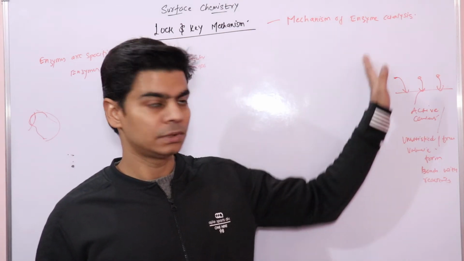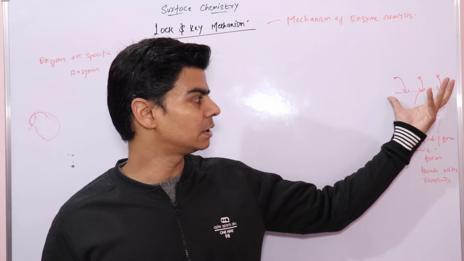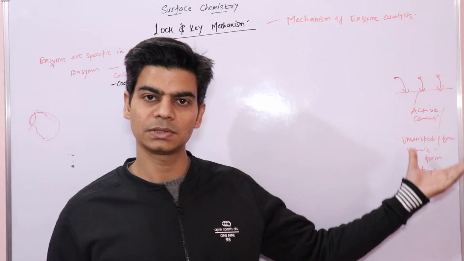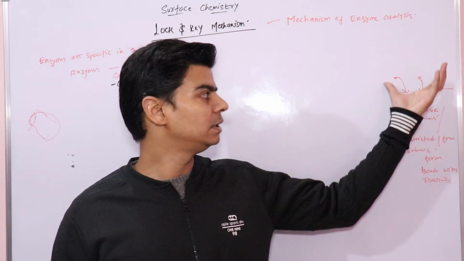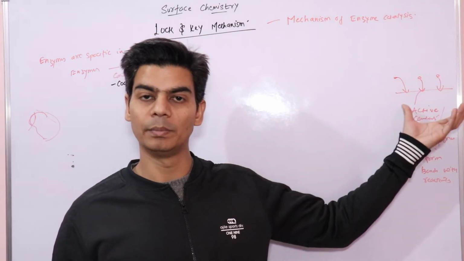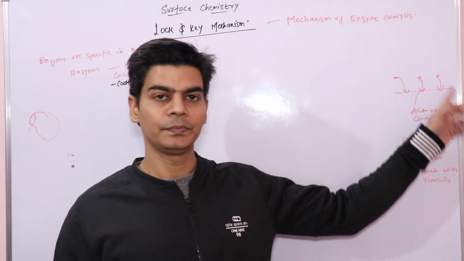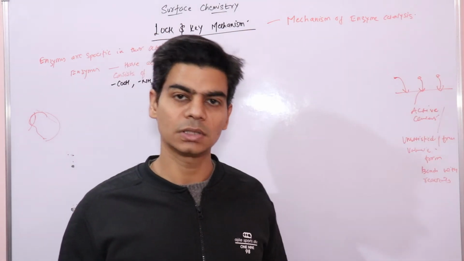Same as here, the reactant molecules were getting attracted to the surface due to unsatisfied valencies, and they formed temporary bonds with the active centers on the catalyst surface.